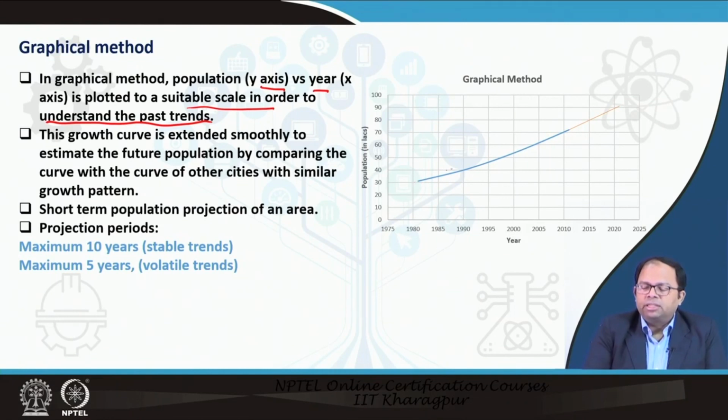We can see it is not exactly straight, it is a curve to some extent. So, this growth curve can be extended smoothly to estimate the future population by comparing the curve with the curves of other cities with similar growth patterns.